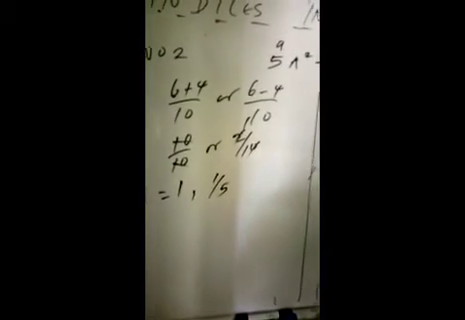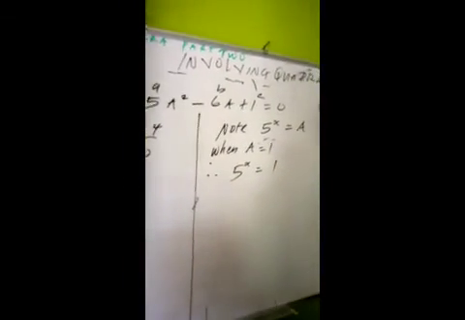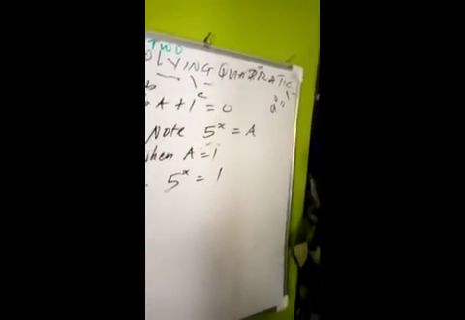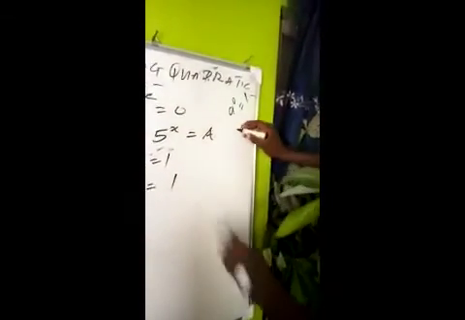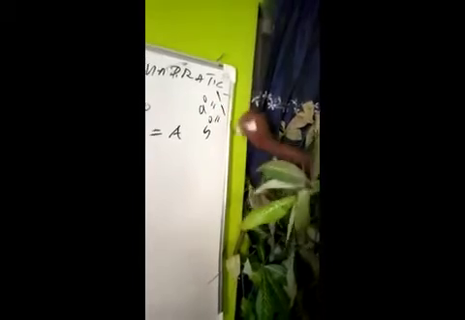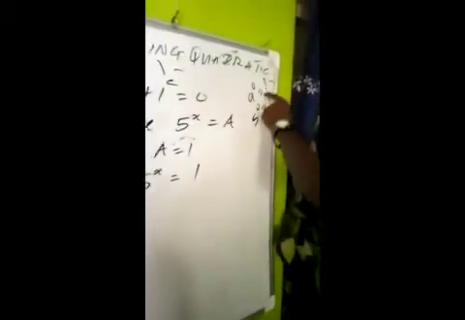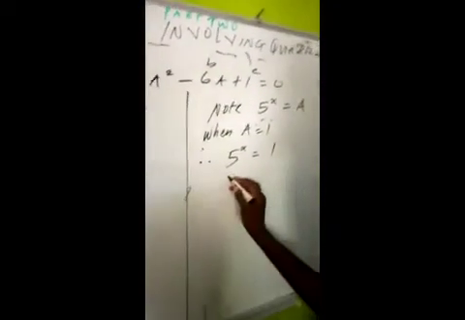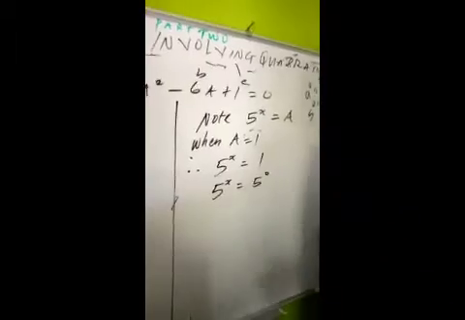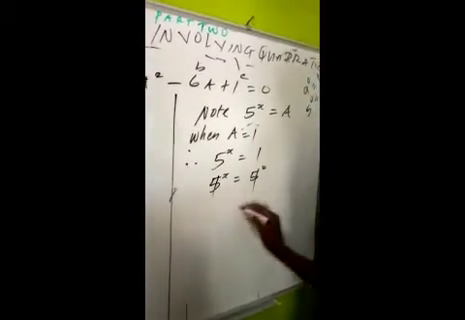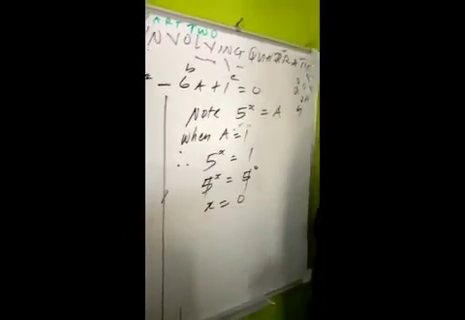So remember our rules now. The law says that anything raised to power 0 is 1. Are we okay? So can we say that 5 raised to power 0 is what? 1. Meanwhile, any place I see 1, can we put 5 raised to power 0? Yes. So let's go then. I have it as 5 to the S equals 5 raised to power 0. Then this one cancels, this one cancels. S is equal to 0.